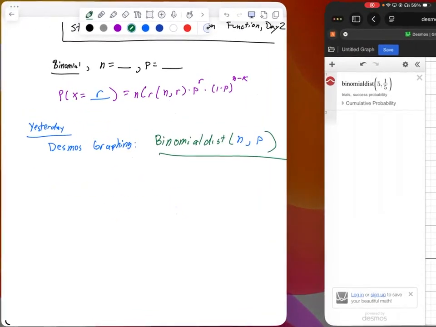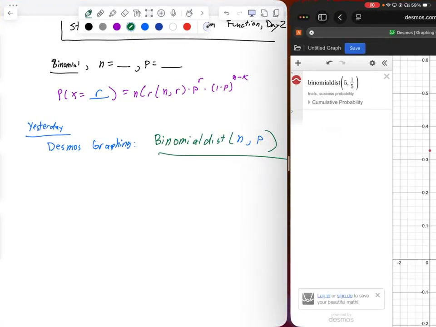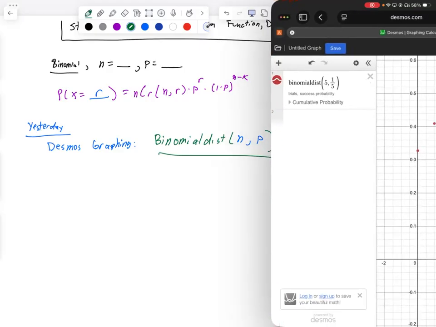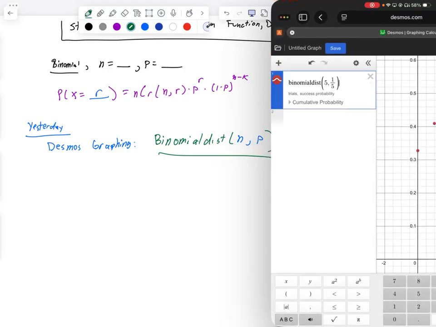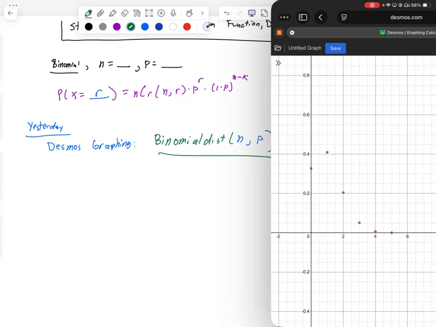In our do now, n was 5 and the probability was 1 over 5 because we were guessing on those questions. When I type that in and hit the plus button, I can see the graph. When I touch these dots, this is the probability that x equals 0, which is what you were doing in your do now.